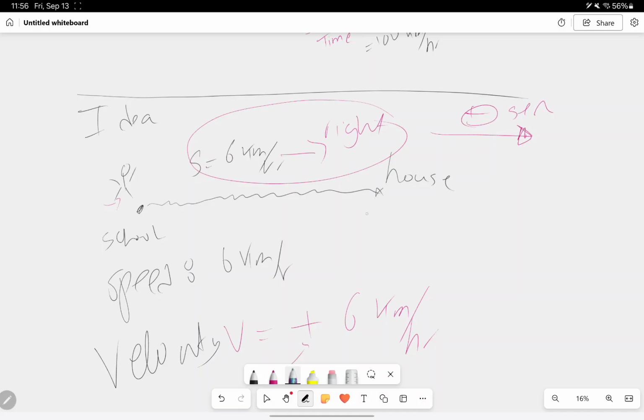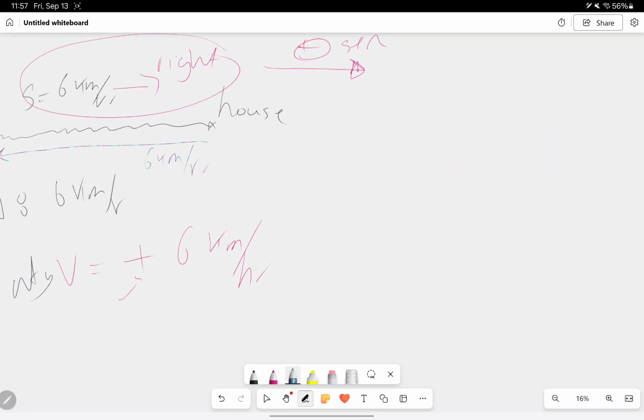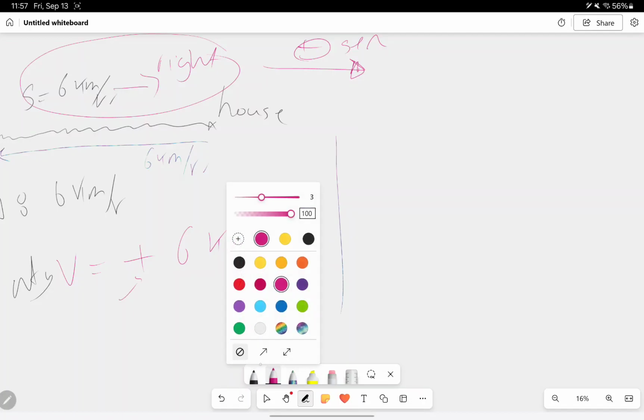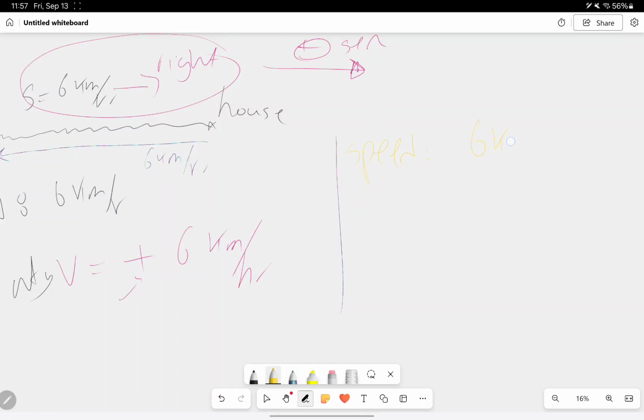Let's say, same idea, everything that moves to the right is positive. Let's say this guy, the second day, woke up and came back from his house to his school, also acquiring the same speed. What's going to be its speed, or what's going to be its velocity? Speed is going to be the same, 6 kilometers per hour, but velocity is the one that changes.